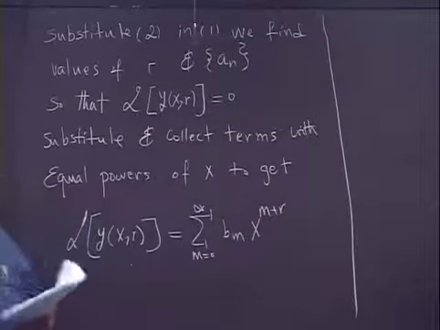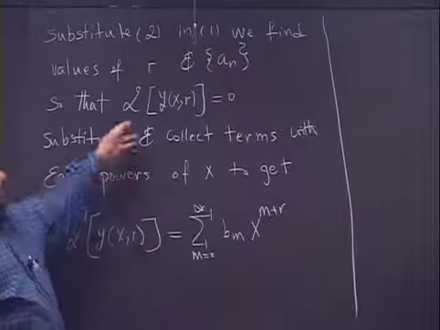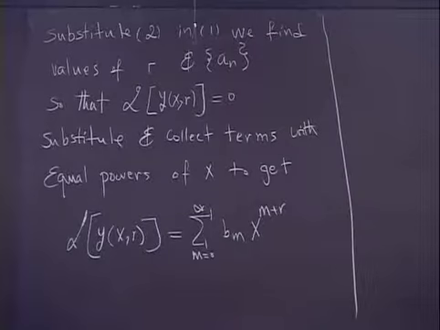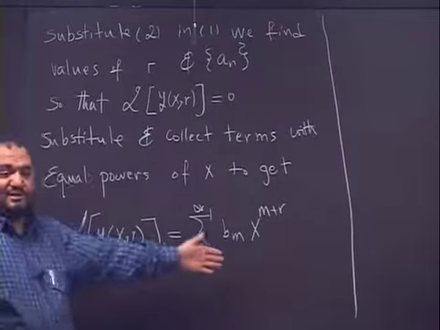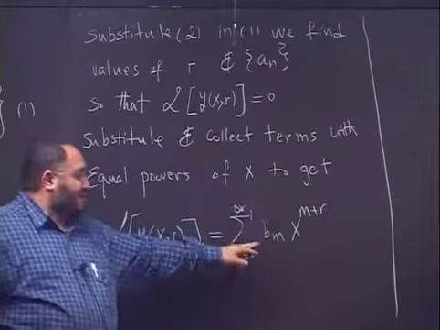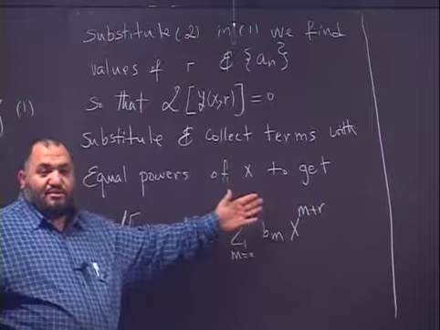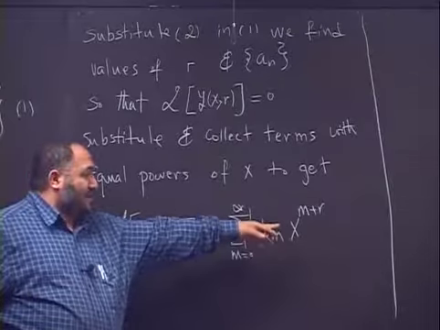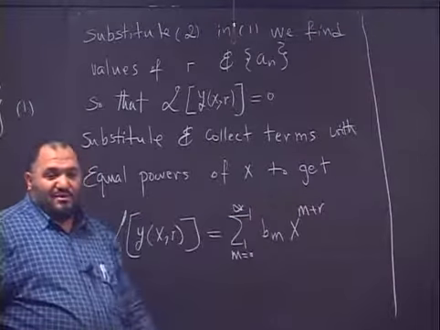You remember when we substitute y from 2, y equal to x to the power of r summation of an x to the power of n, in the differential equation, we got some expansion or summation of some terms. We call this term Bm multiplied by x to the power of m plus r.